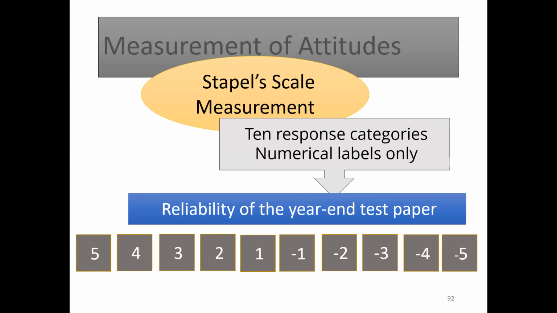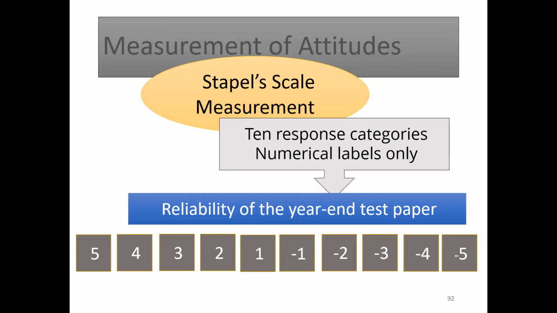Reliability of the end test paper. This question can be given to teachers because students don't understand what is meant by reliability. So if this question is given to a group of teachers, reliability of the test paper, very short, very brief, only 1 point.